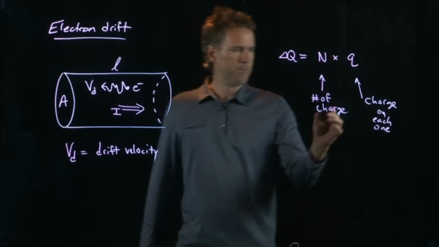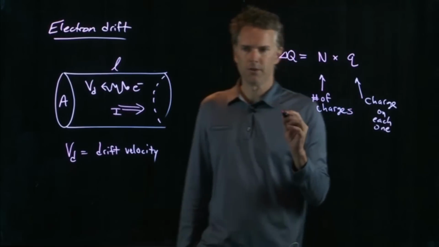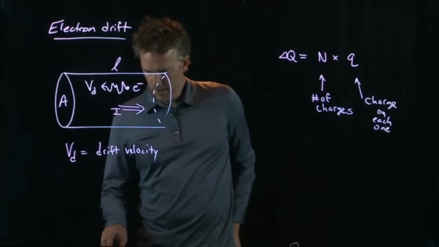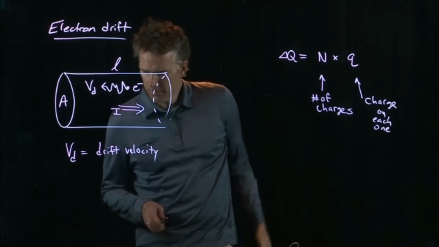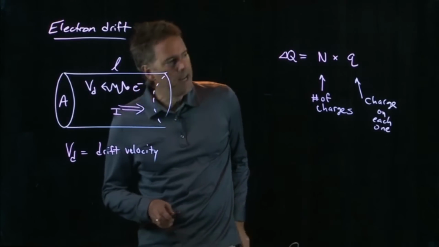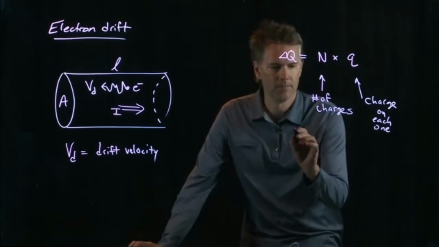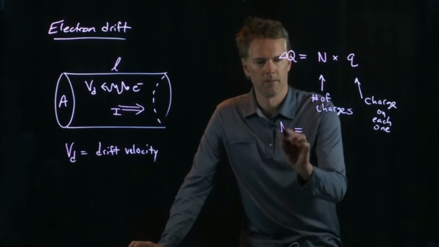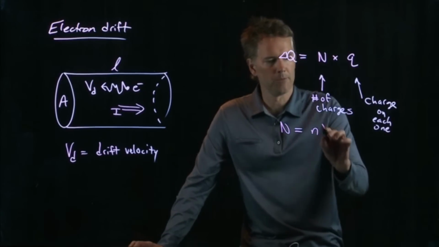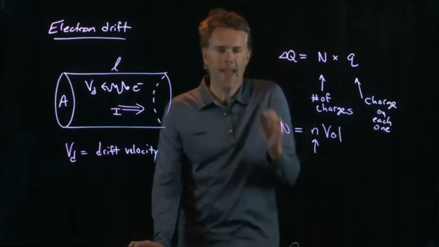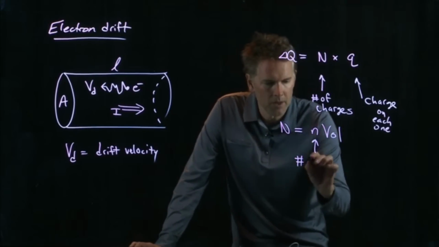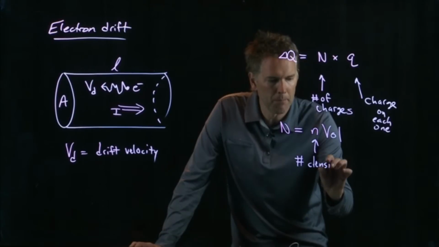All right, but the number of charges we can write as something else. We can write the number of charges as a number density times a volume. And this n is the number density. It's the number per unit volume.